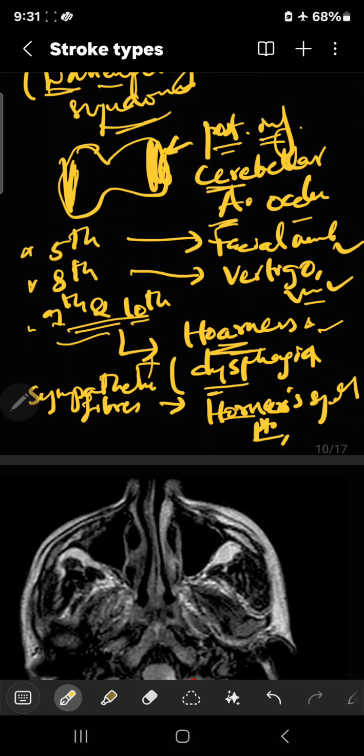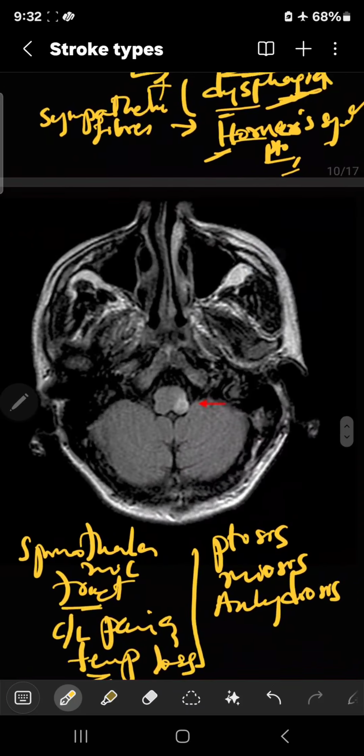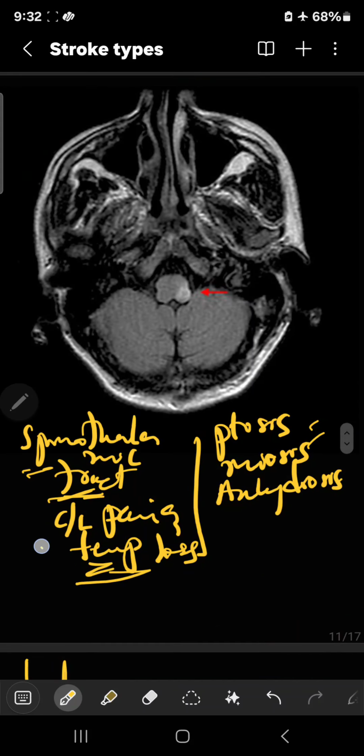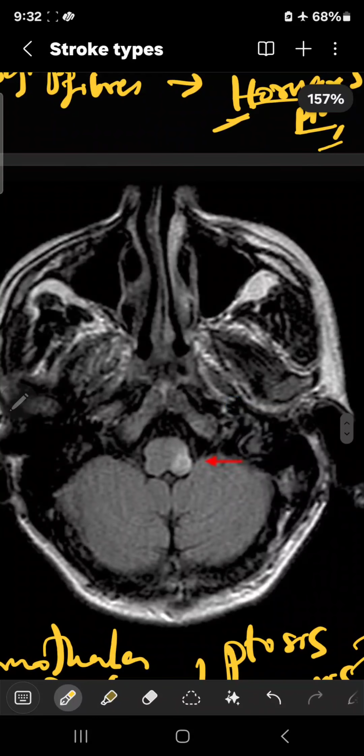And with the 9th and 10th, hoarseness and dysphagia. With the sympathetic fibers, the patient will have Horner syndrome, which is ptosis, miosis, anhidrosis. And the spinothalamic tract will also be gone. The patient will have contralateral loss of pain and temperature. So this is the lateral medulla and lateral medullary stroke.